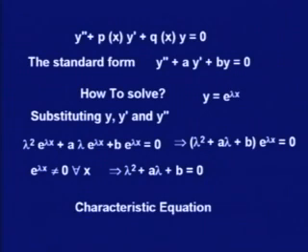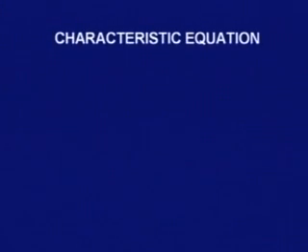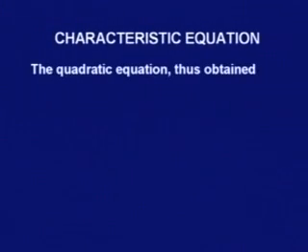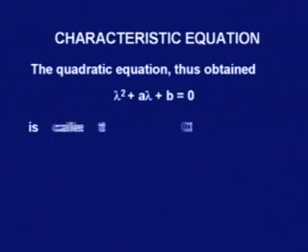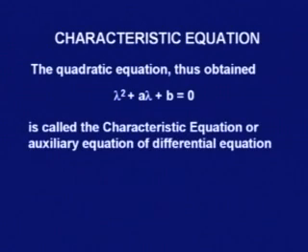So, let us have a formal definition of this term also. The quadratic equation thus obtained, lambda square plus a lambda plus b is equal to 0, is called the characteristic equation or auxiliary equation of the differential equation y double dash plus a y dash plus b y is equal to 0.